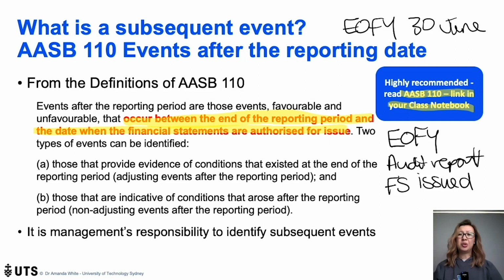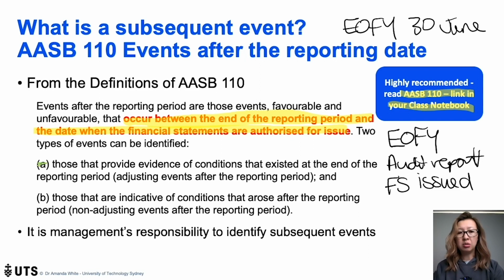Okay, so this is about information that arises outside of the year. It's after the end of the financial year, but it may have an impact on the future or on the accounting information that we're auditing. So there are two different types of events after the reporting date.